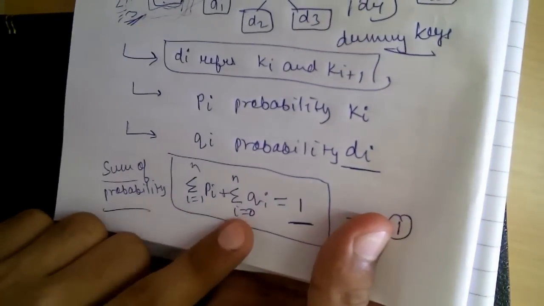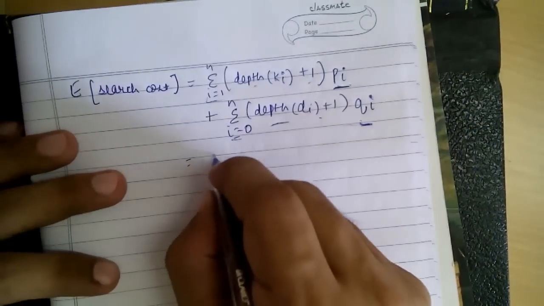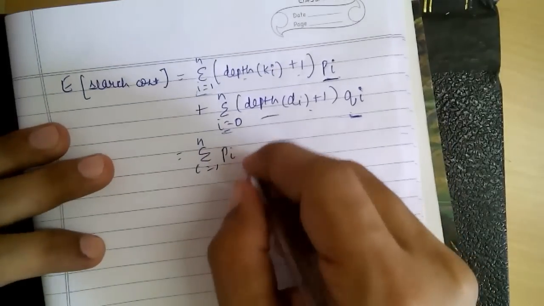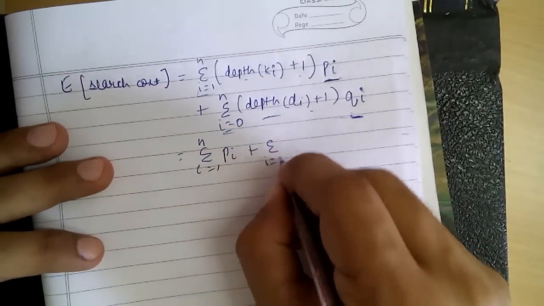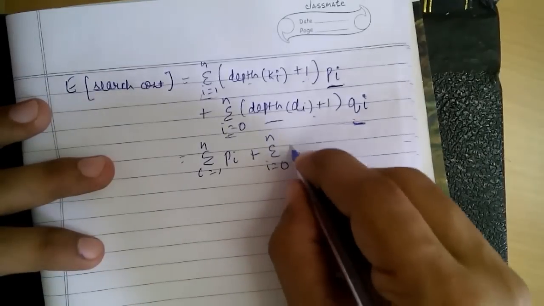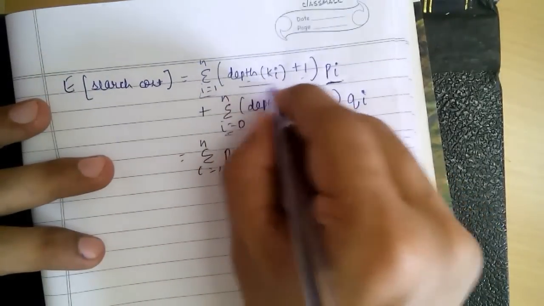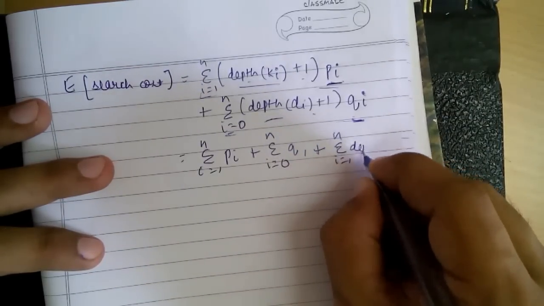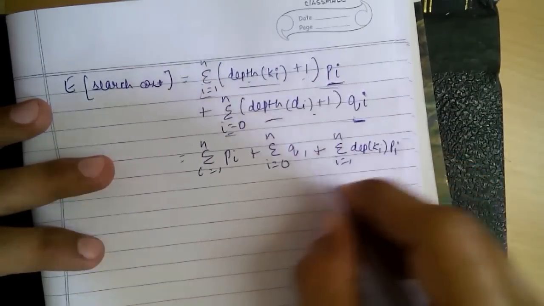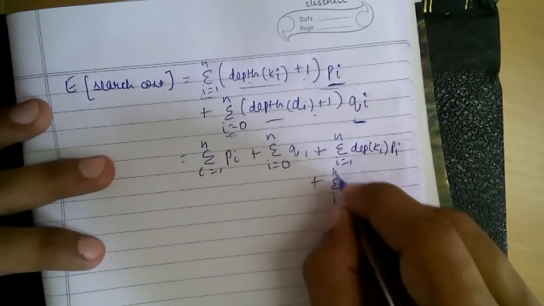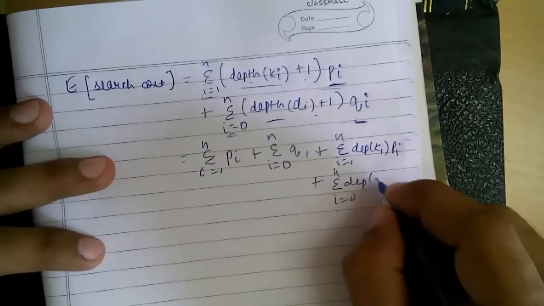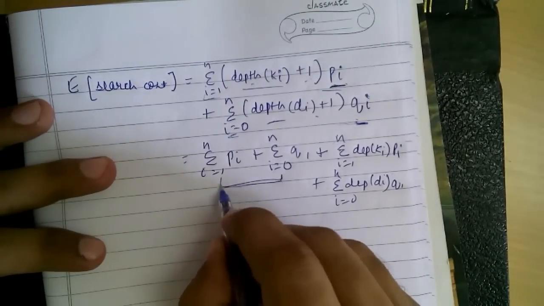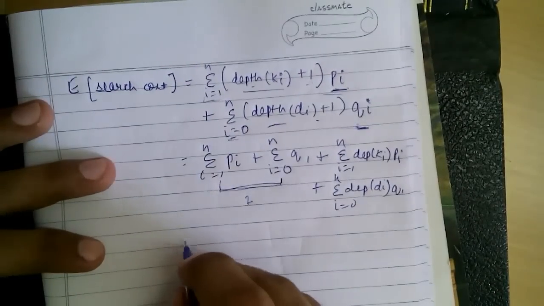As we already know, this is 1. Let me just write it so that there is no confusion in this expression: sigma of Pi plus sigma of Qi plus sigma i equal to 1 to n of depth Ki times Pi plus sigma i equal to 0 to n of depth Di times Qi. The first part is equal to 1, that is the sum of probabilities.